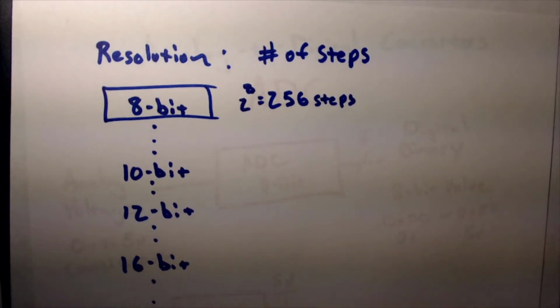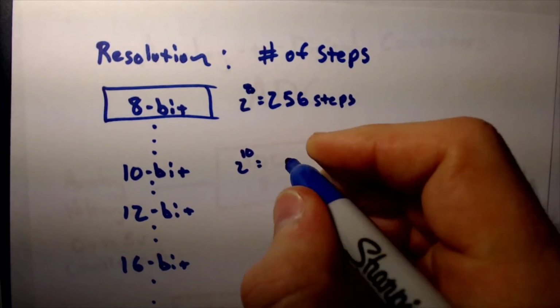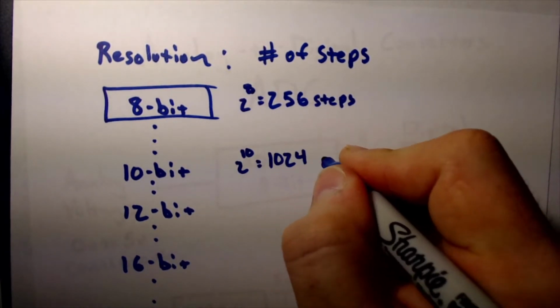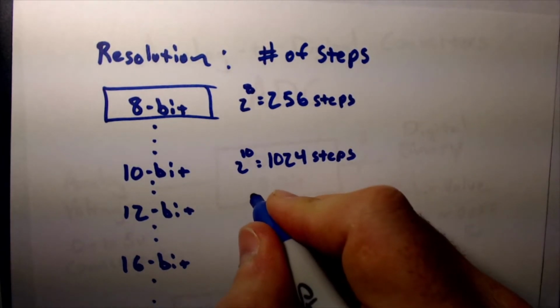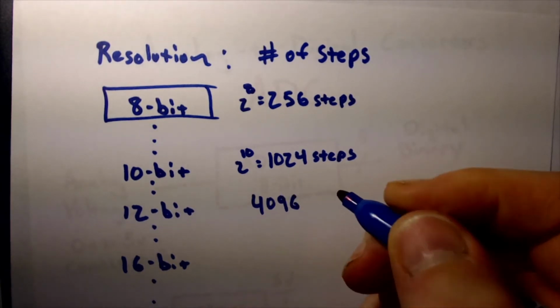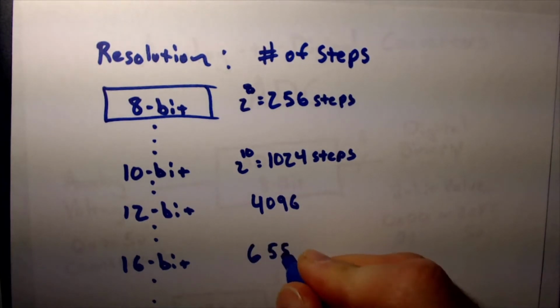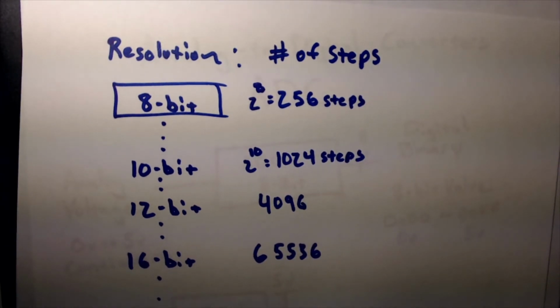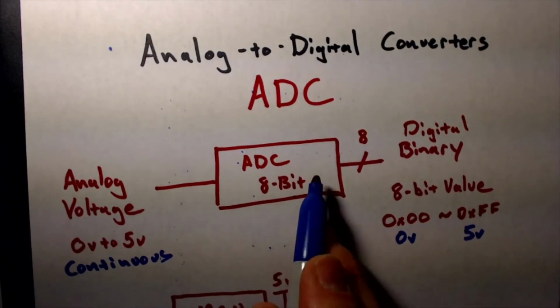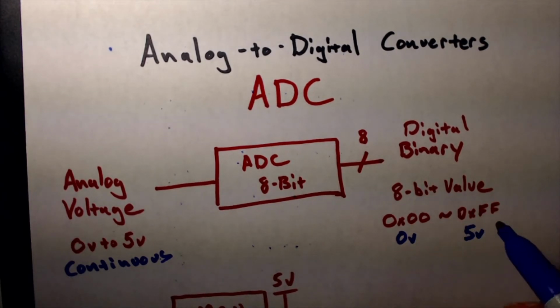Ten bits gives us more steps. 2 to the 10 gives us 1024. And so forth. 12-bit gives us 4096. And 16-bit, 65536. That gives us our resolution, which tells us what our possible outputs could be.